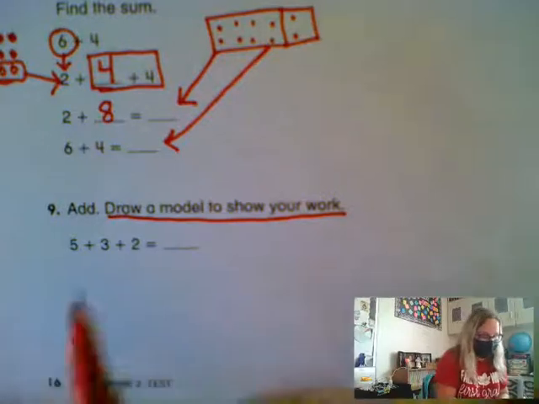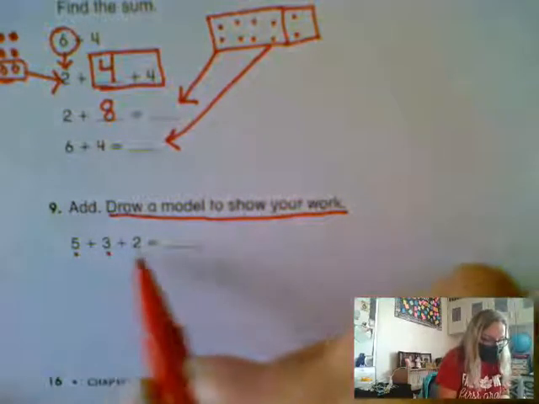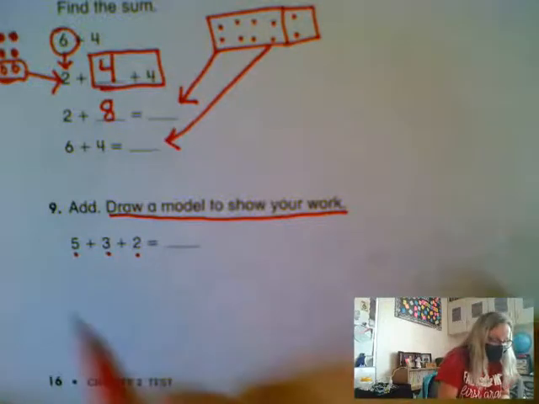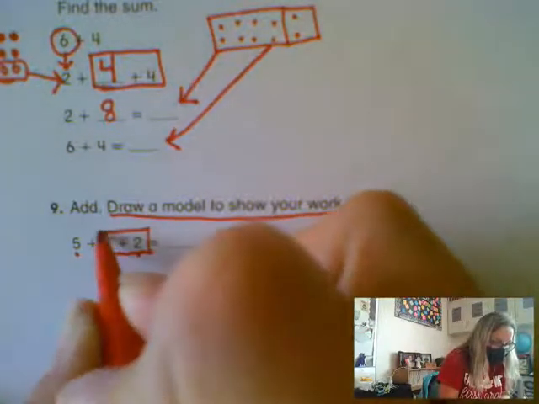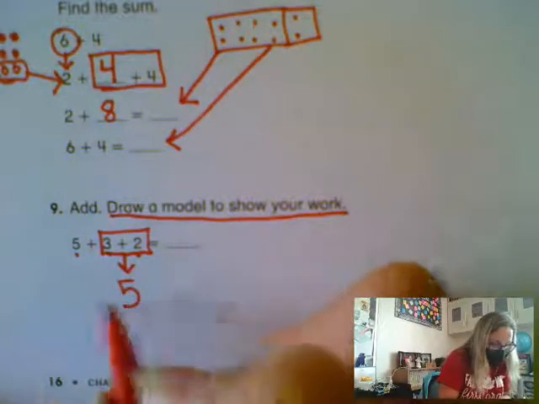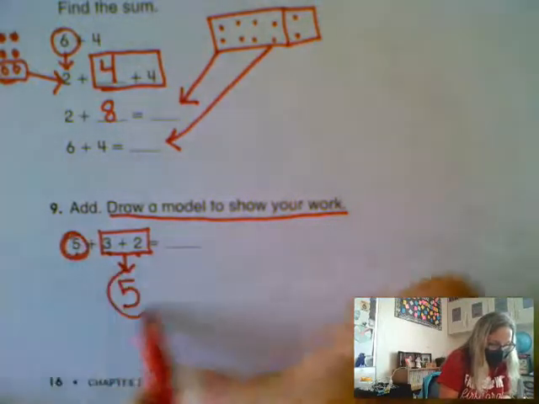So we're doing 3 plus 3 plus 2. If I take 3 plus 2, that will give me 5. So now I have 5 plus 5.